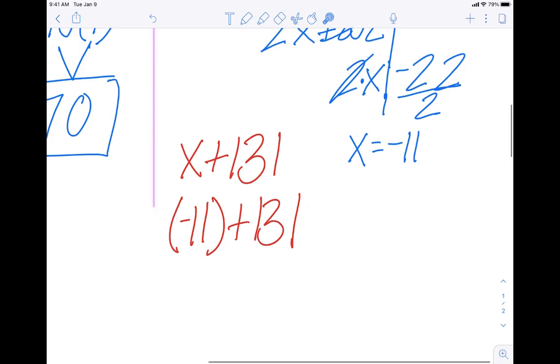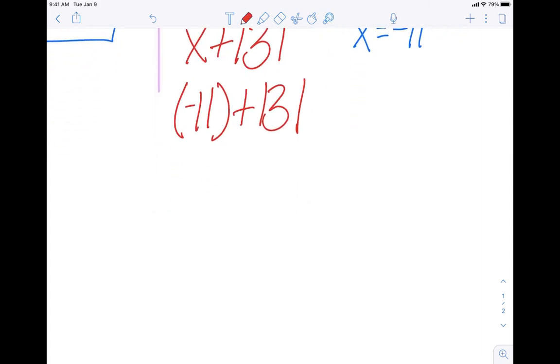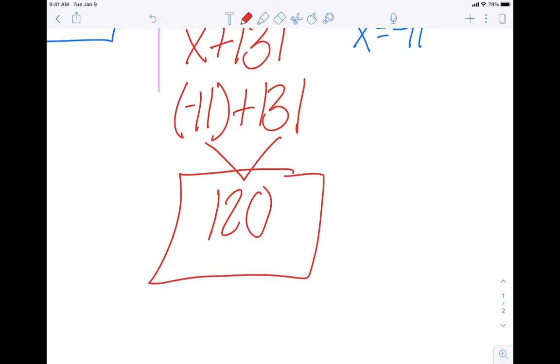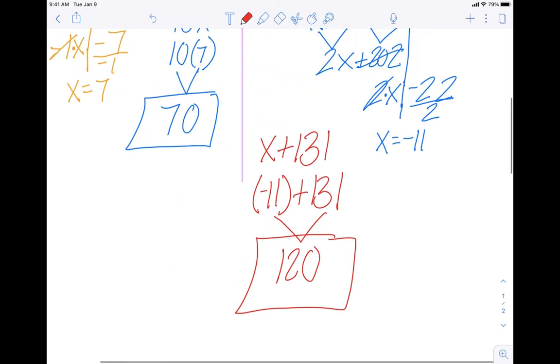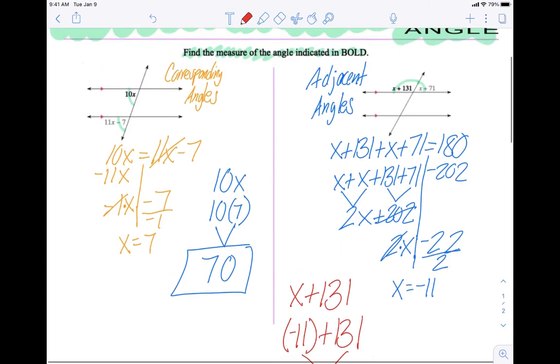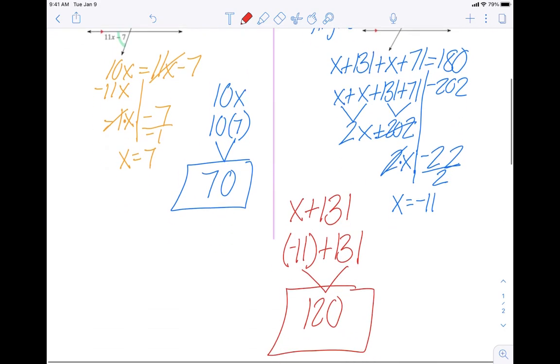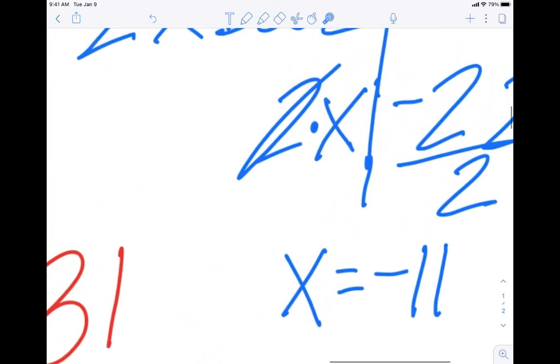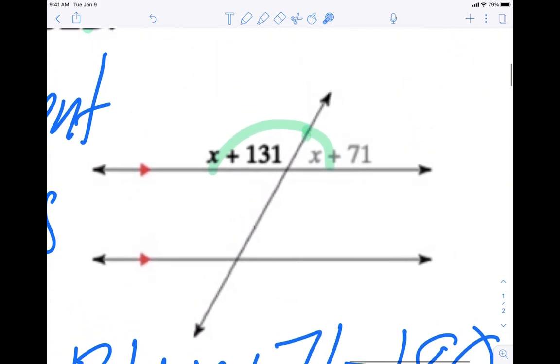So 131 minus 11 is 120 and positive because 131 is bigger and 131 is positive. And that right there, kiddos, is the solution to this second example. Right? I found that 120 is the measure of this angle right here. This is 120 degrees. This angle is 120 degrees.